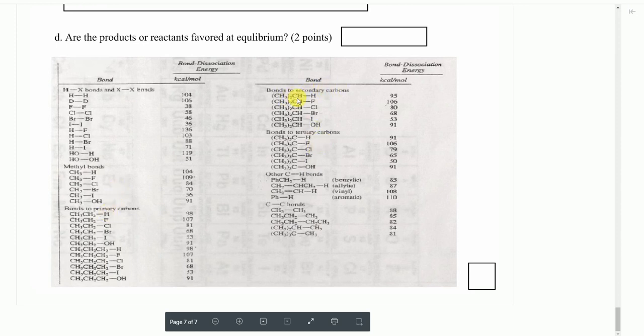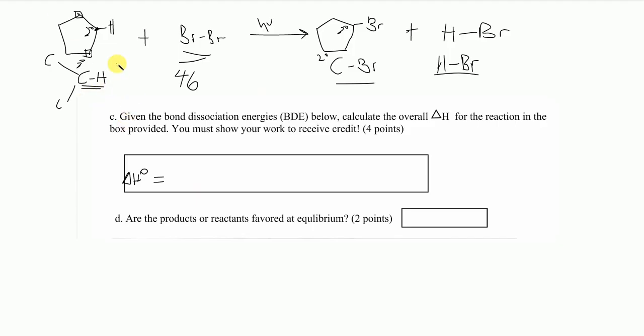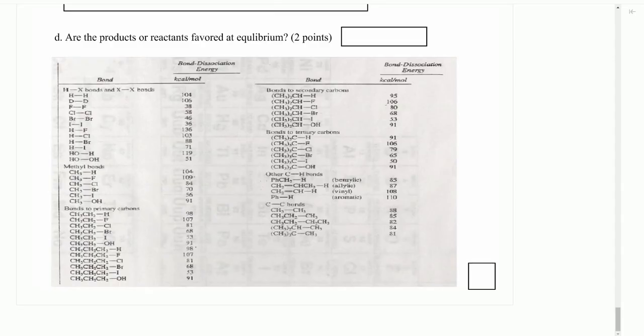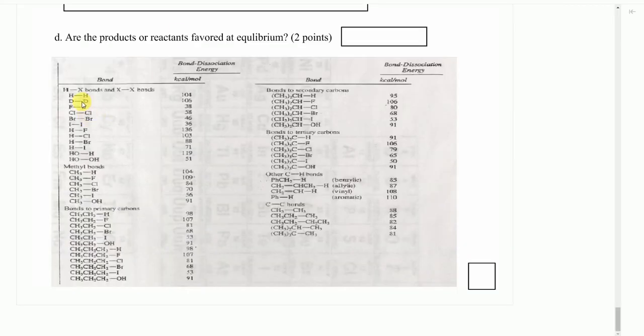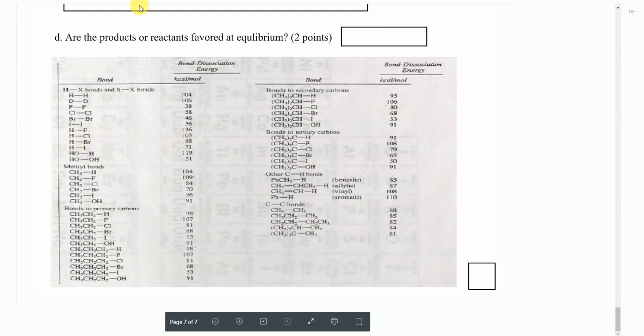So we have a secondary carbon to H, so it's 95. Okay, so this is an energy value of 95 here. And then we have a secondary carbon bond to a bromine, so this is what we're looking at, 68. And then HX, so HBr is where? HBr is right here, 88.